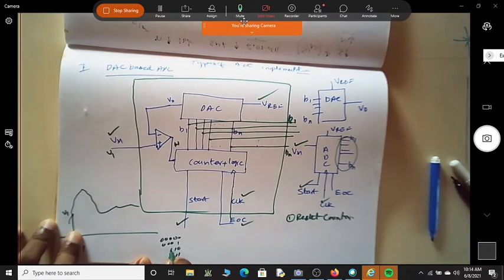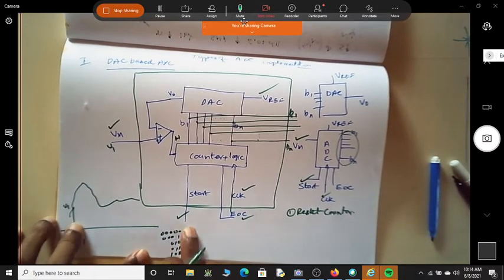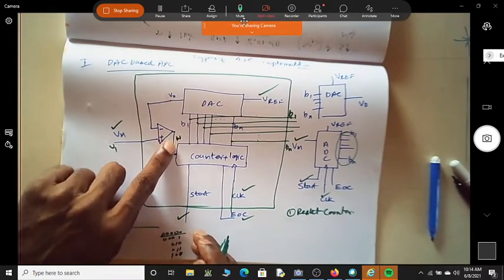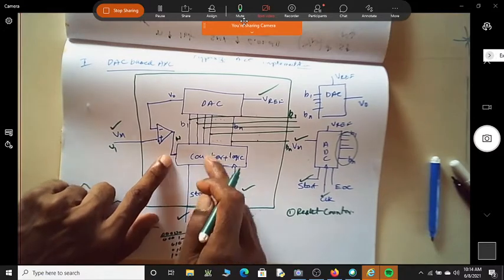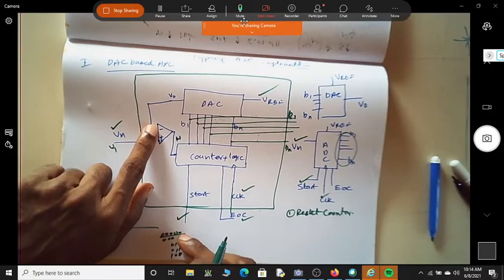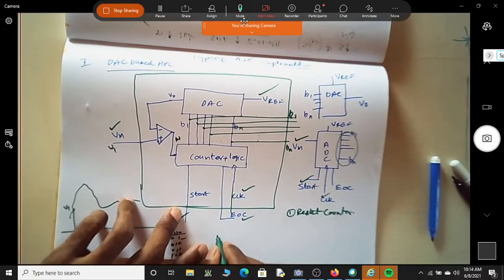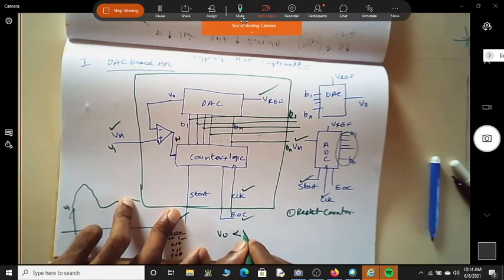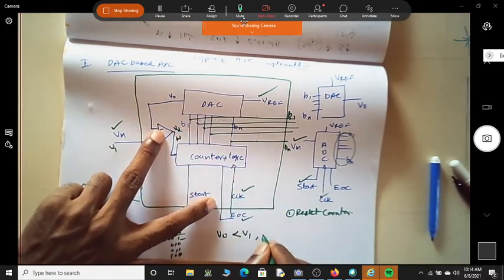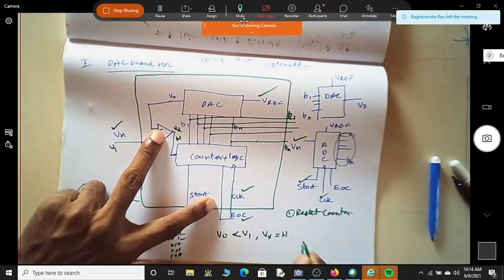It happens like this, no? Will it happen like this? Initially it was 0, 0, 0. It compared, since the value is high, it will go to the next bit. Then will you get an equivalent of that 0, 0, 1 here? So as long as V0 is lesser than V1, suppose I say this is my Vx, Vx is equal to high.